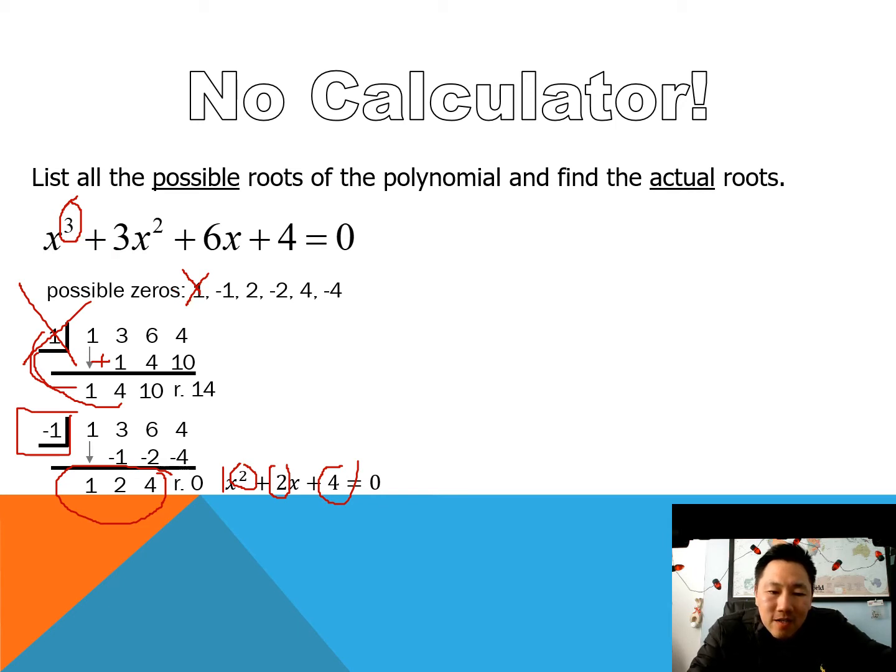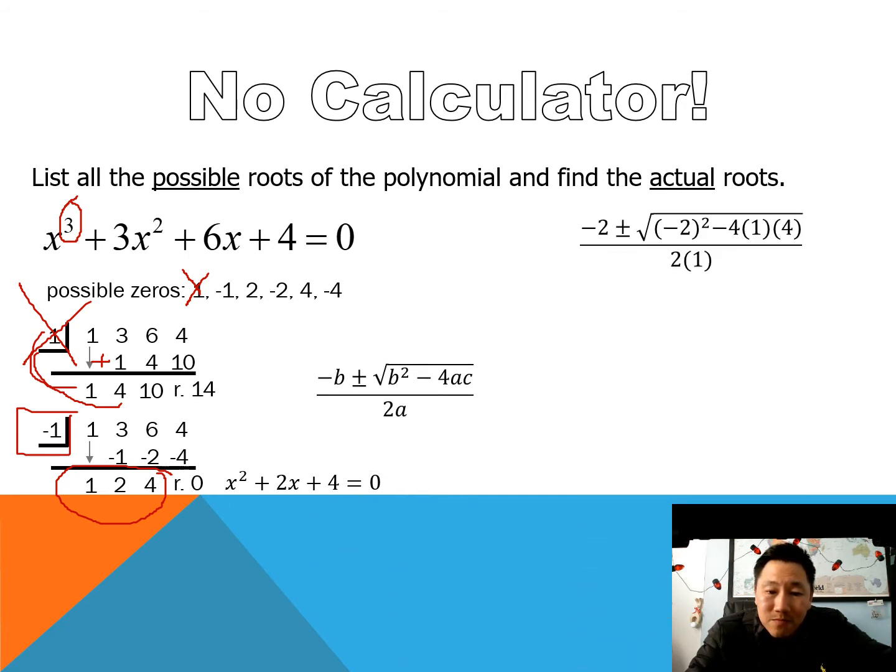Okay, doing that, we now just have a quadratic equation, which you know 4 different ways to solve the quadratic equation. For this problem, I'm just going to go straight into using the quadratic formula. And plug all those numbers in, the a, the b, and the c, simplify.